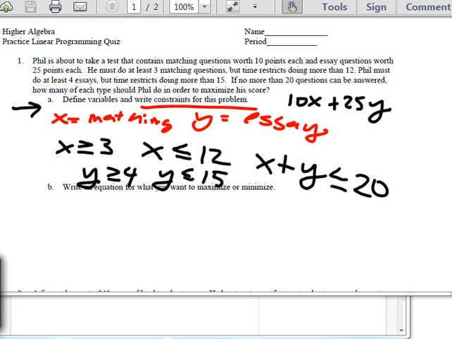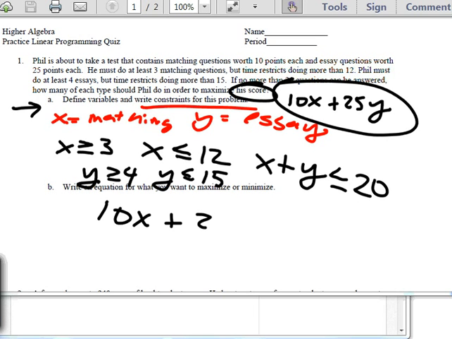The last part is to write an equation for what you want to maximize or minimize. What do we want to maximize here? His score. That involves points, right? That's this little guy that didn't have a home yet: the 10x plus 25y. It's going to be based on the total number of questions, so this is the thing I have to maximize.